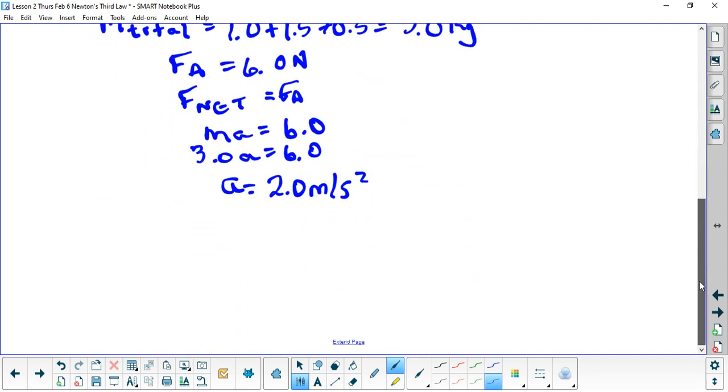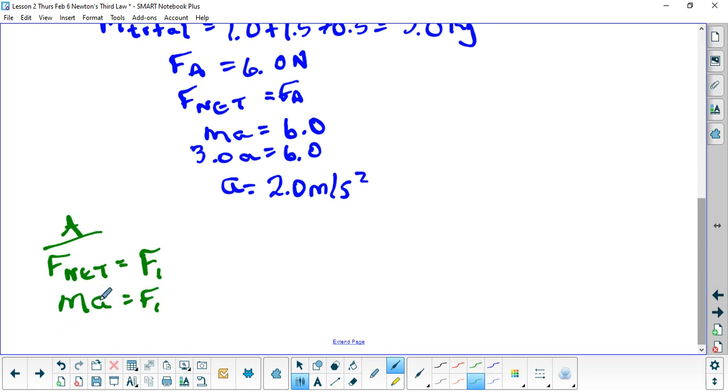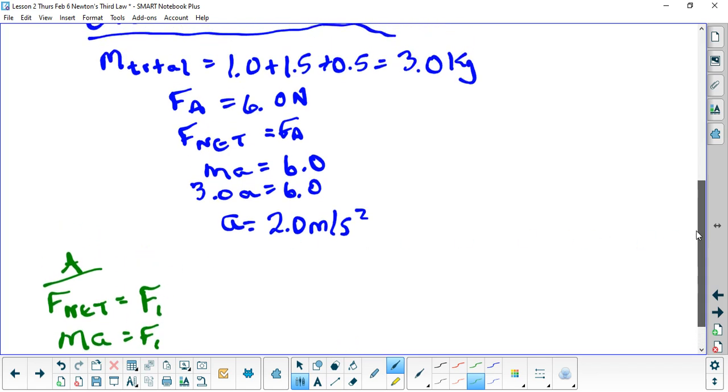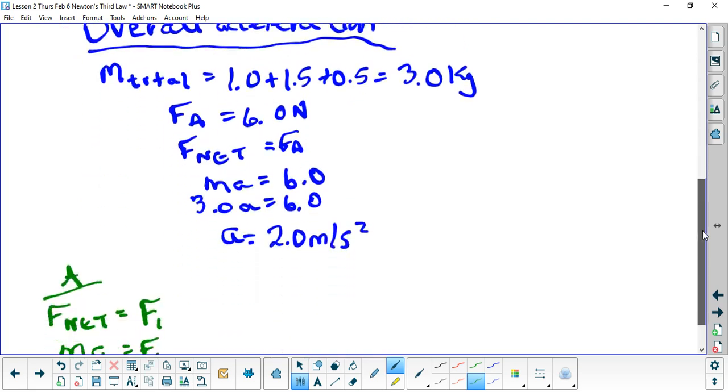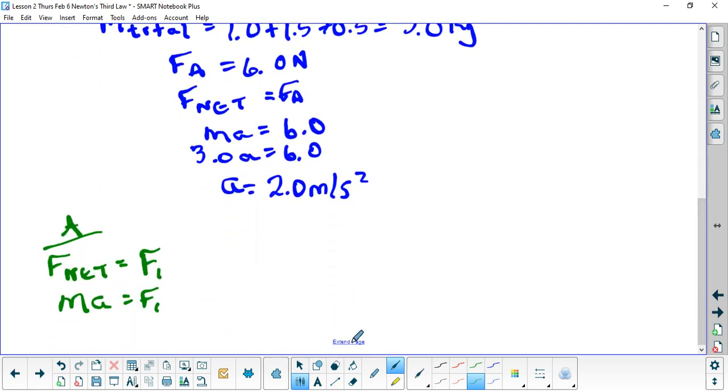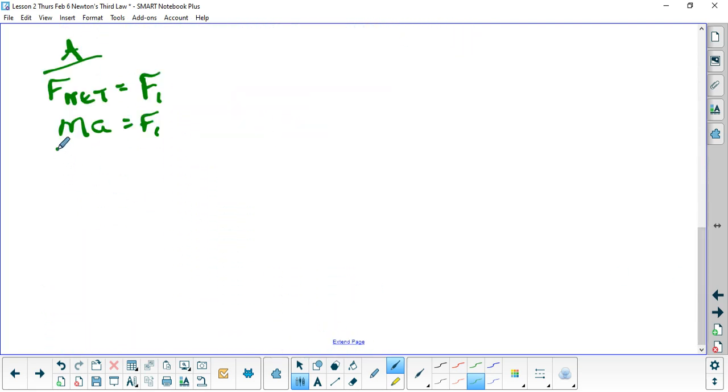Its net force is just equal to F1 pulling it forward because it has no friction. That means its mass times its acceleration will be equal to F1. And now I know its mass, right? Its mass is 1 kilogram. And I know its acceleration because the acceleration of all the carts are the same.